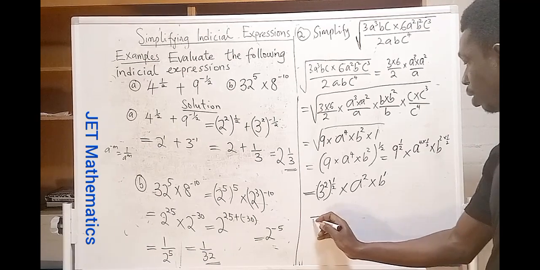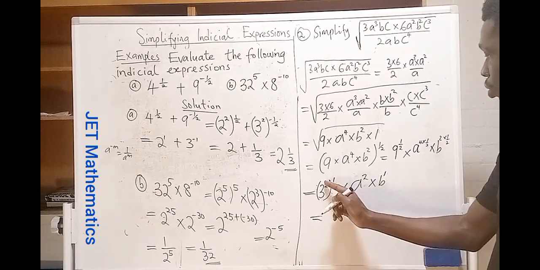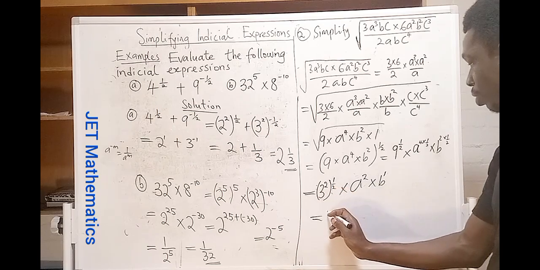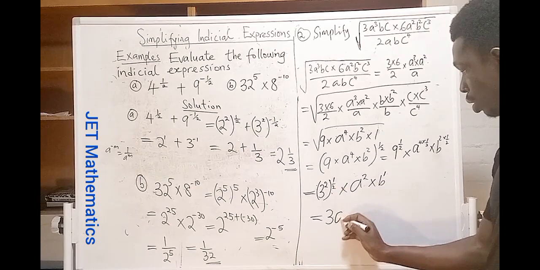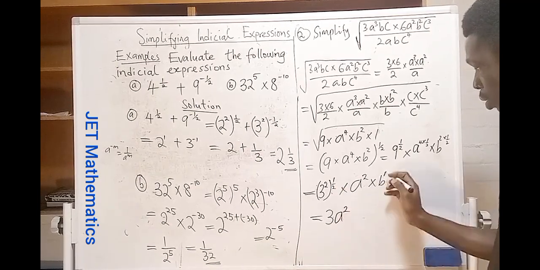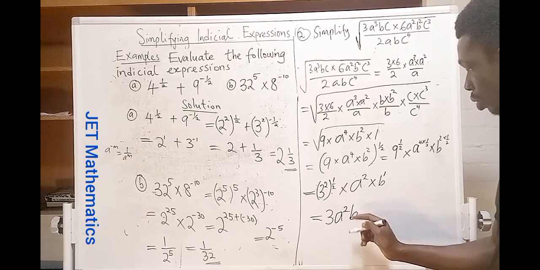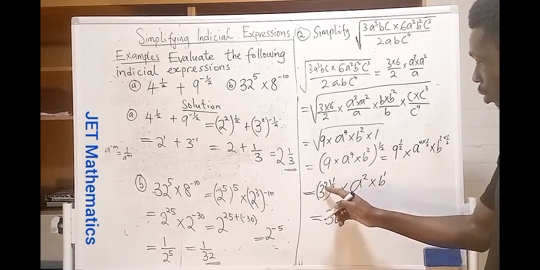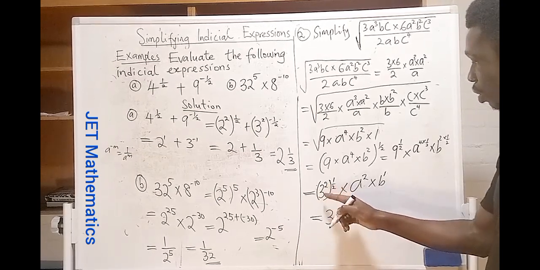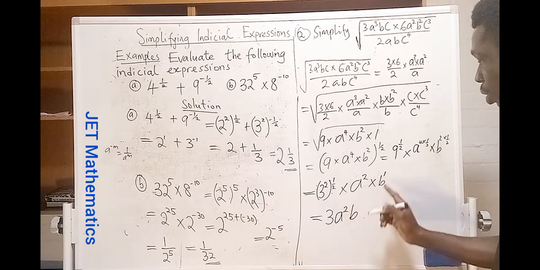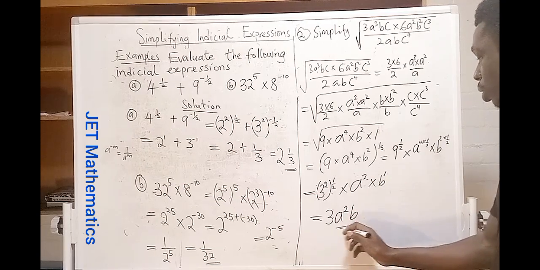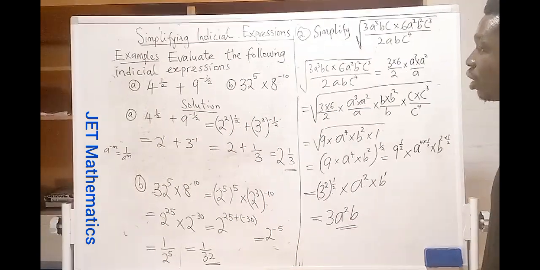So finally we have 2 cancels 2 here, so we have 3 raised to the power 1 left, which is 3, a squared, b raised to power 1 is also b. So 3 raised to power 1 is 3a squared b. So these are the results.